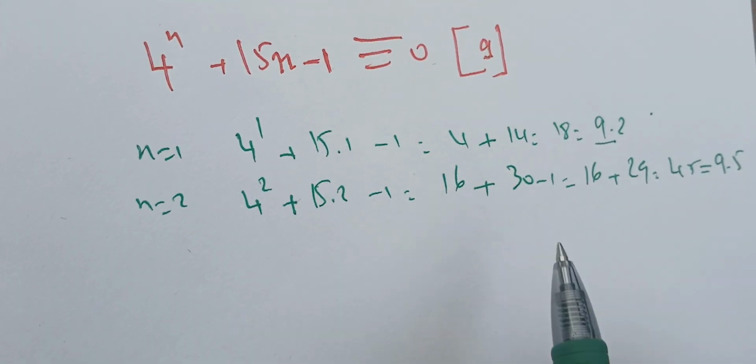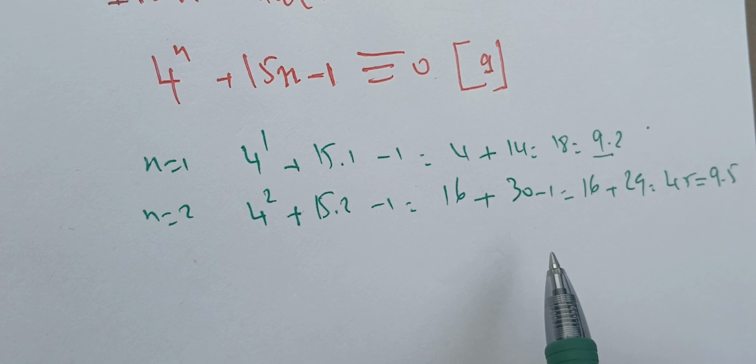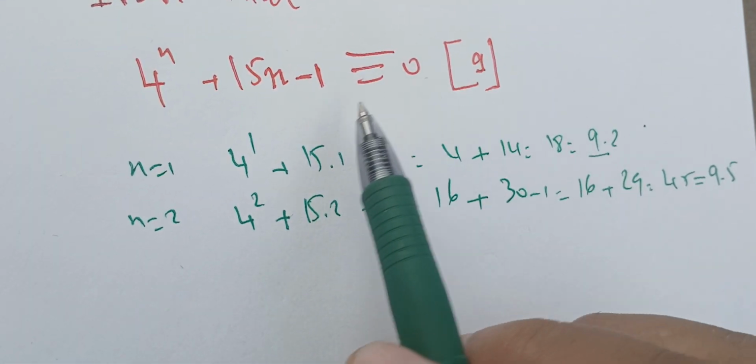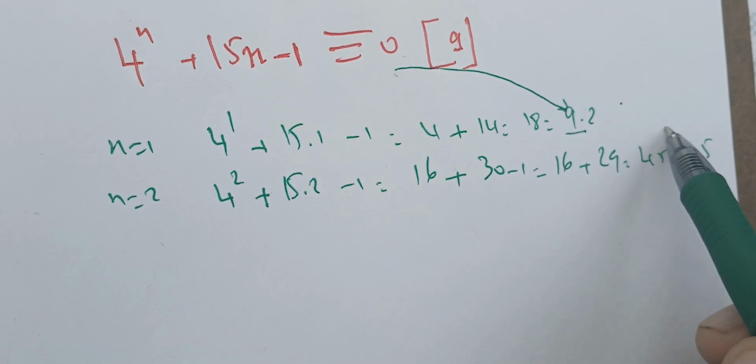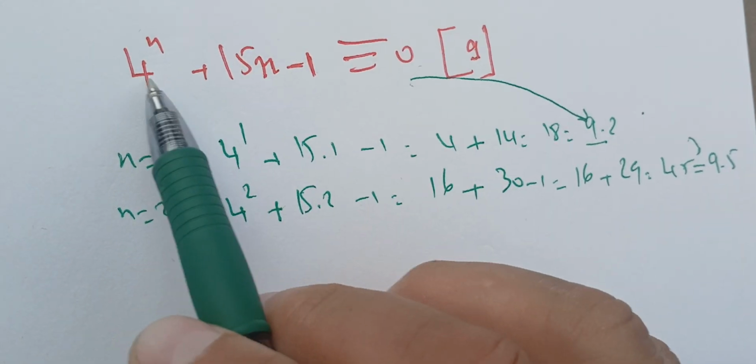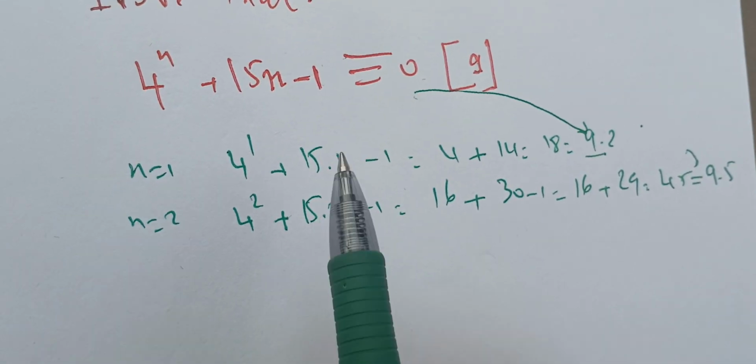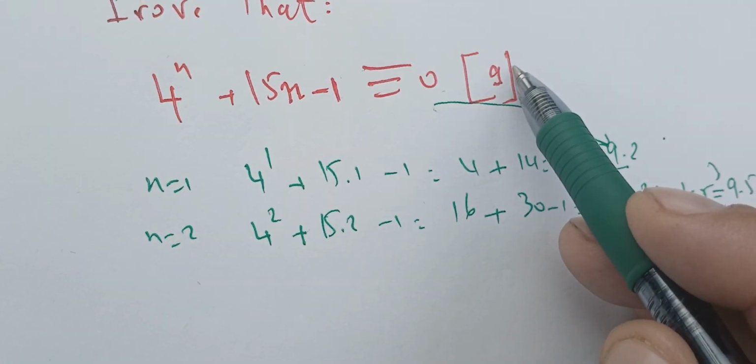So a quick idea in the principle of mathematical induction: when we prove this result, we have to make this 9 appear in this sum here. And that's what this means exactly.